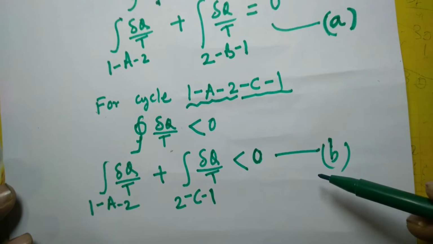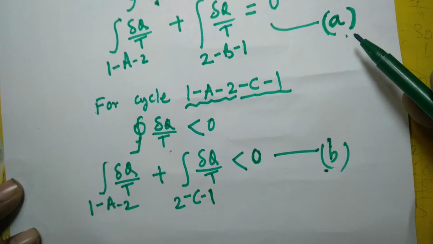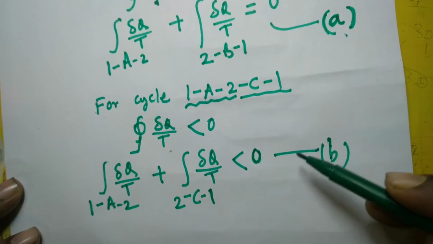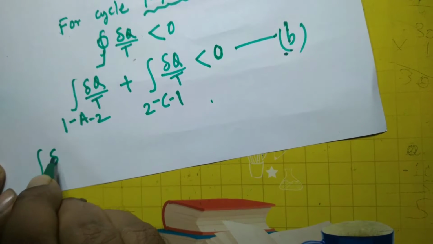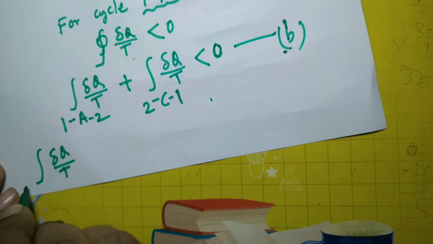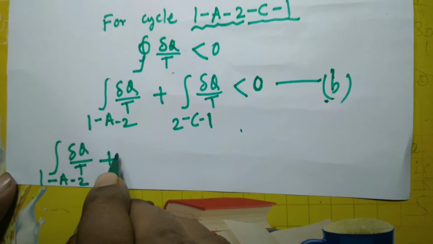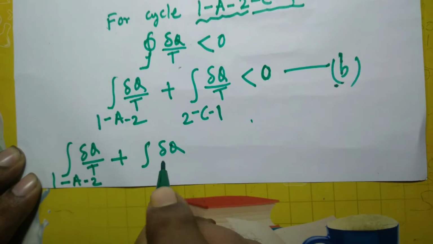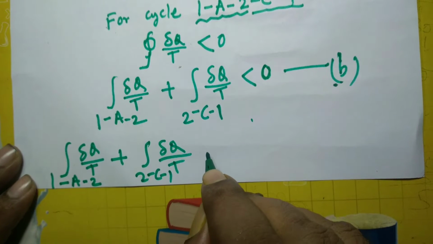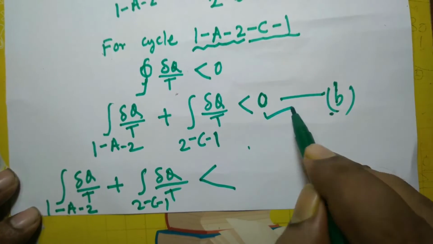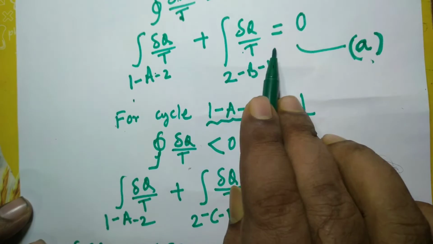From equations A and B, I can write equation B like this: del q by T along 1A2 plus del q by T along 2C1 is less than, in place of 0, I will write the left hand side of equation A, because this plus this is equal to 0.